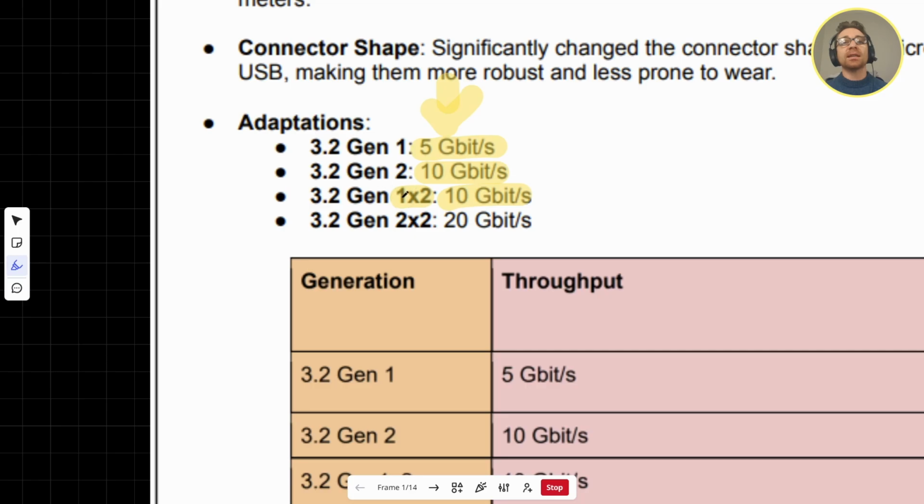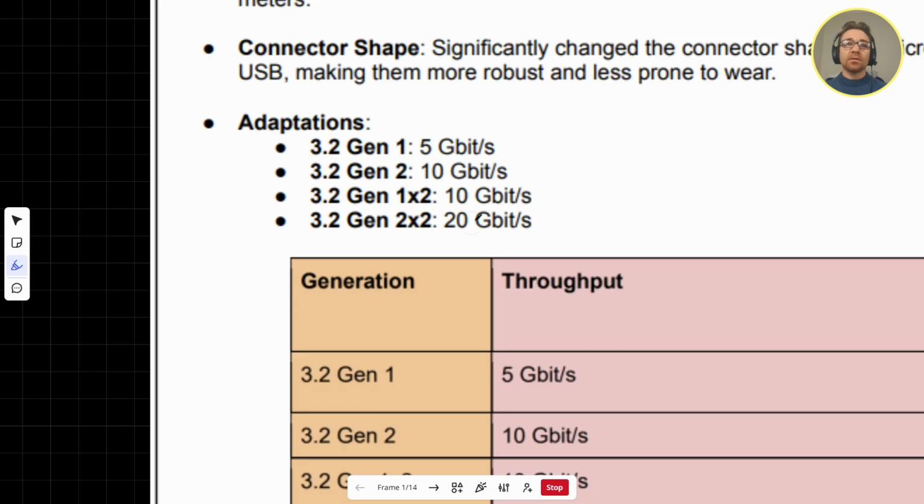I only need to know that Gen 1 is 5, and then I times that by 2. Whereas 3.2 Gen 2 by 2 is 20. Gen 2 is 10, and 10 times 2 is 20.